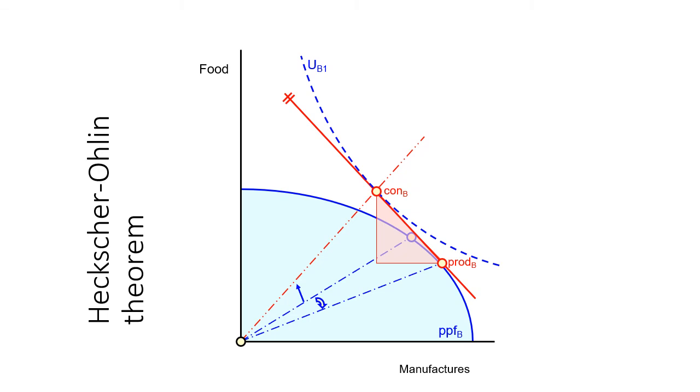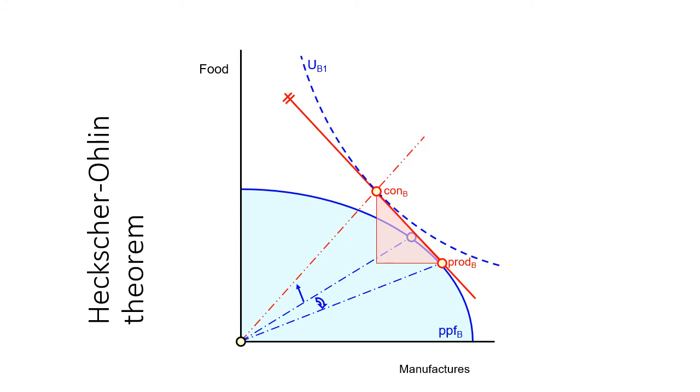But with this newer, higher, steeper ratio of prices, your consumption point is now at consumption B. This represents a higher utility curve than had been under autarky. But in terms of the discussion on how we land at this point, we need to discuss this in terms of relative prices.